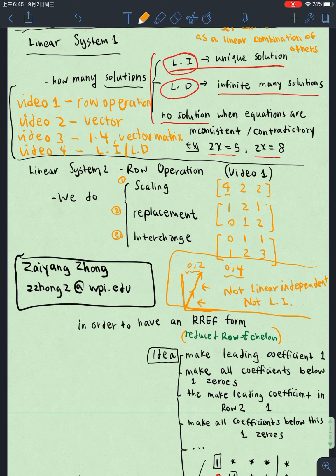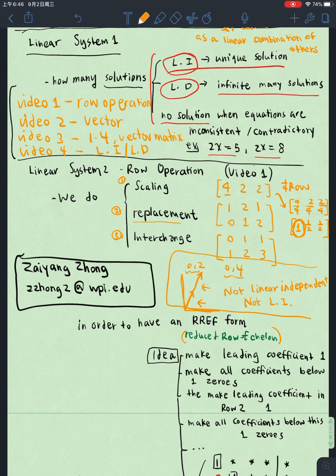In order to do that, we take 1/4 of this row, and it's going to be 4 over 4, 2 over 4, and 2 over 4, which is 1, 1/2, 1/2. As you can see, the leading term is going to be 1.